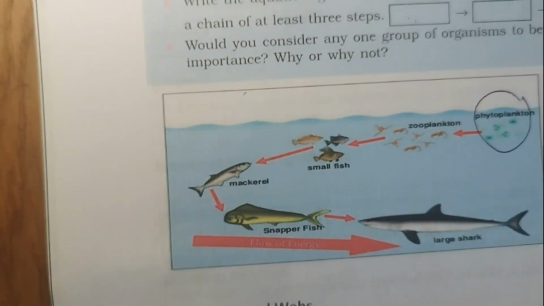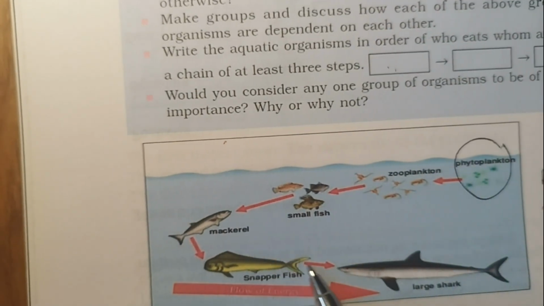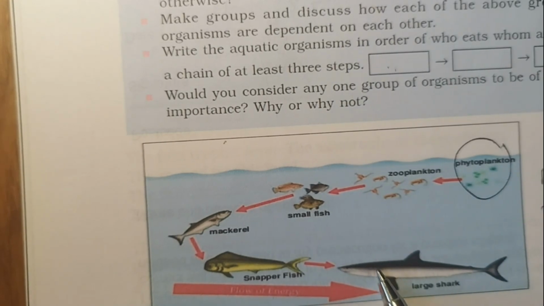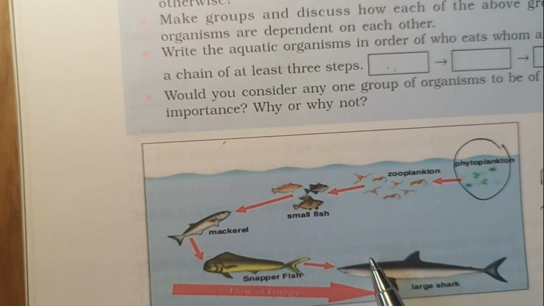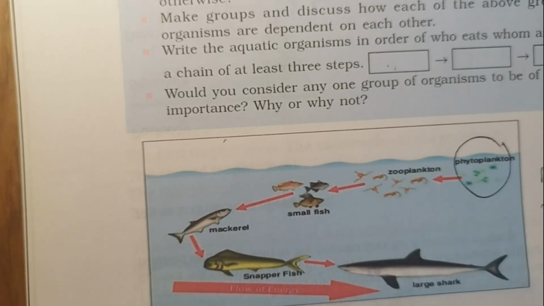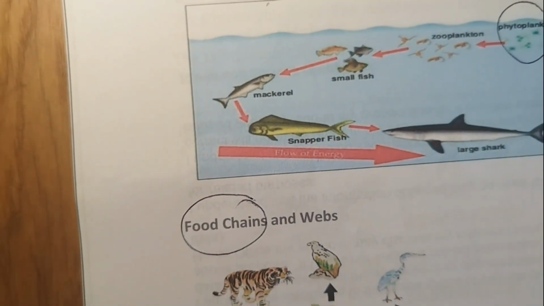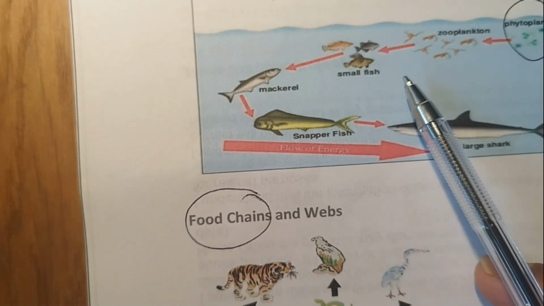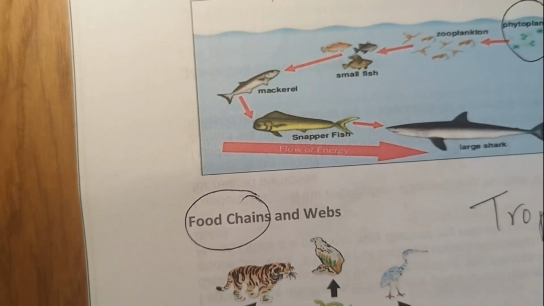We have seen from the above activity that a series of organisms feeding on each other, taking part at various biotic levels, forms the food chain, okay? So that's food chain.